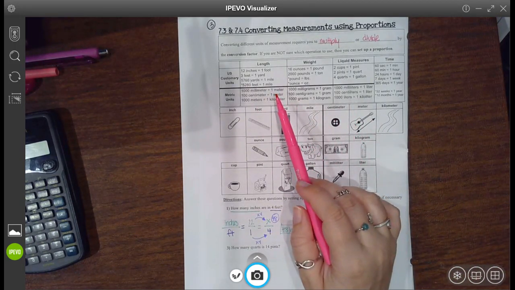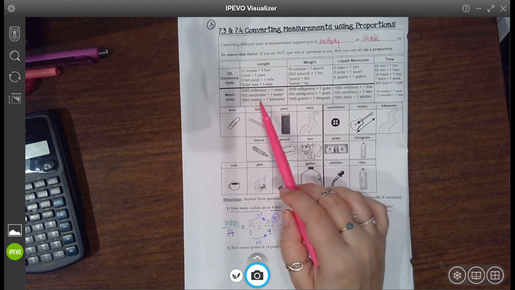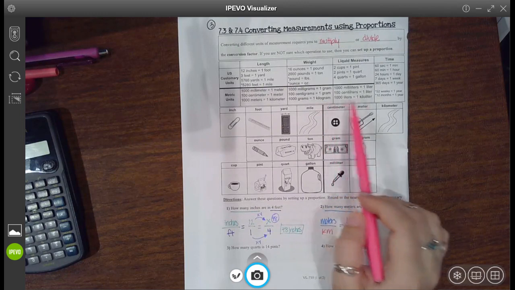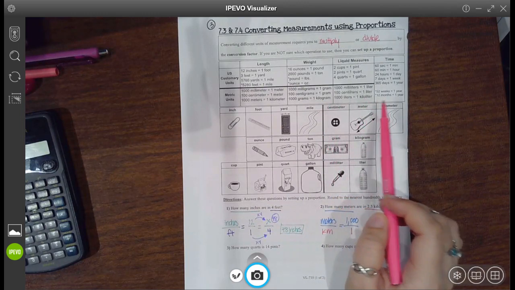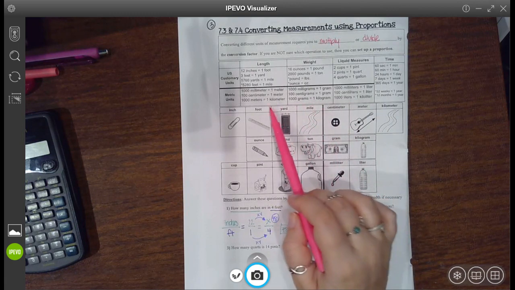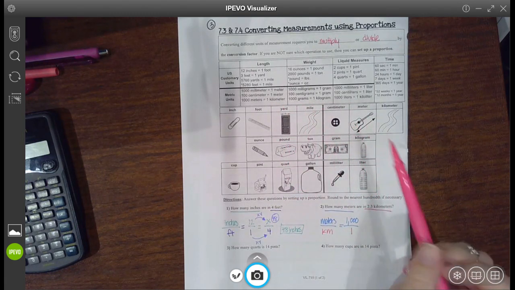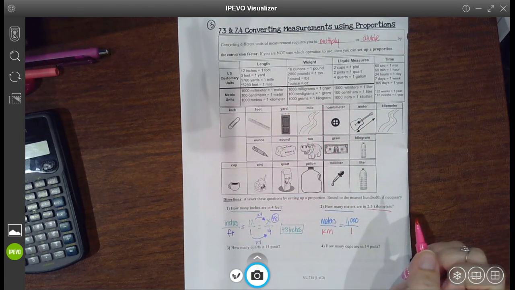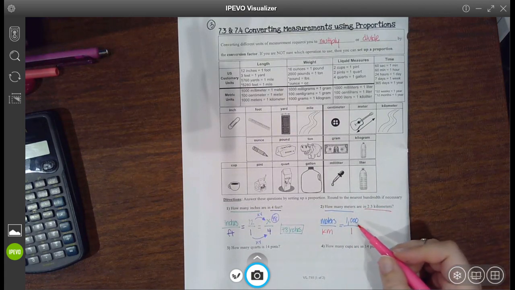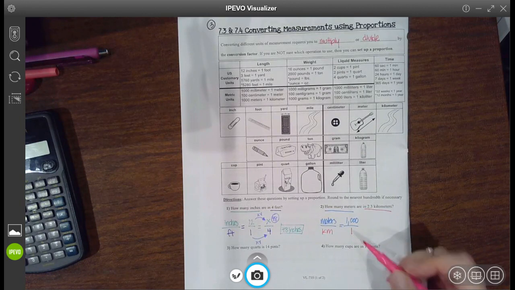Okay, and notice how for when you're going from meters to kilometers, whether it be grams to kilograms, liters to kiloliters, it's always still 1,000 of that basic measurement equals the one with the prefix of kilo. Okay, so this is the one metric unit that you know is that 1,000 meters equals 1 kilometer.